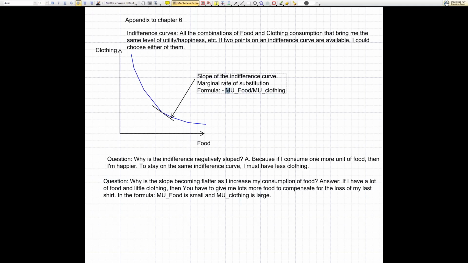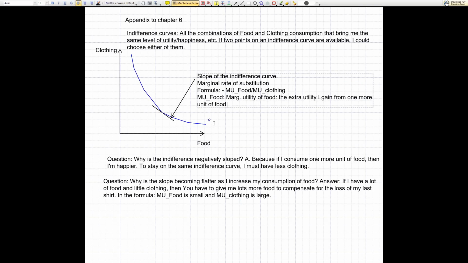So let me define my terms again. MU food, the marginal utility of food, is the extra utility I gain from one more unit of food.